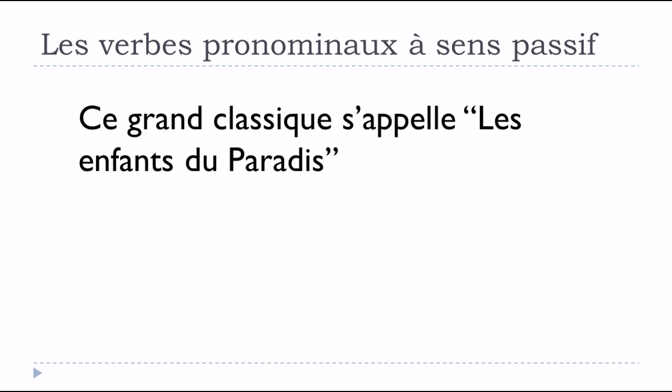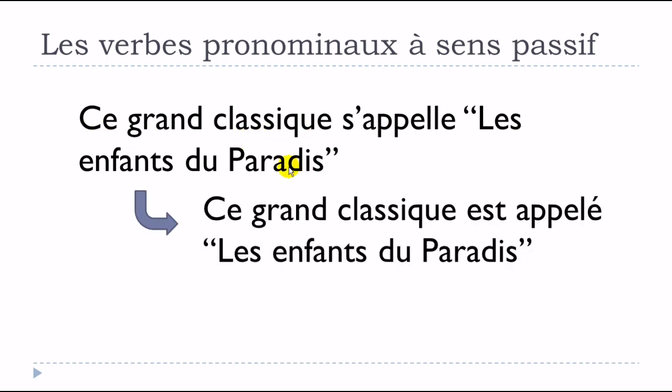Okay, so if we take a look again at the sentence, ce grand classique s'appelle Les Enfants du Paradis, well, it could be possible to write it like that. Ce grand classique est appelé Les Enfants du Paradis. And this is one interesting thing, because now you notice that it is possible to use this verb appeler. So in that case, you don't have this form pronominal, okay?